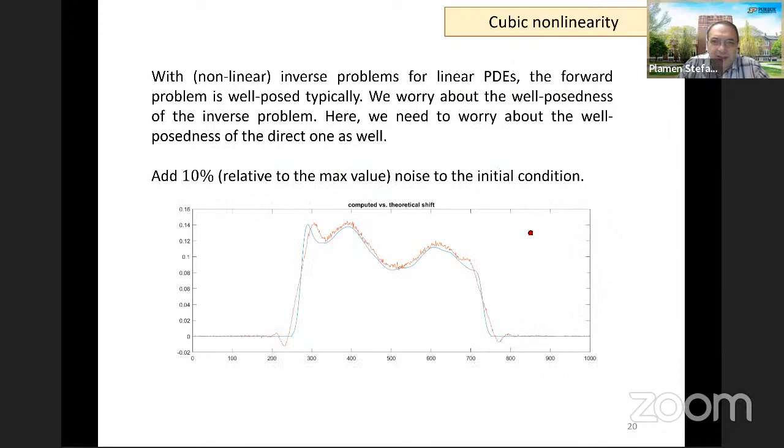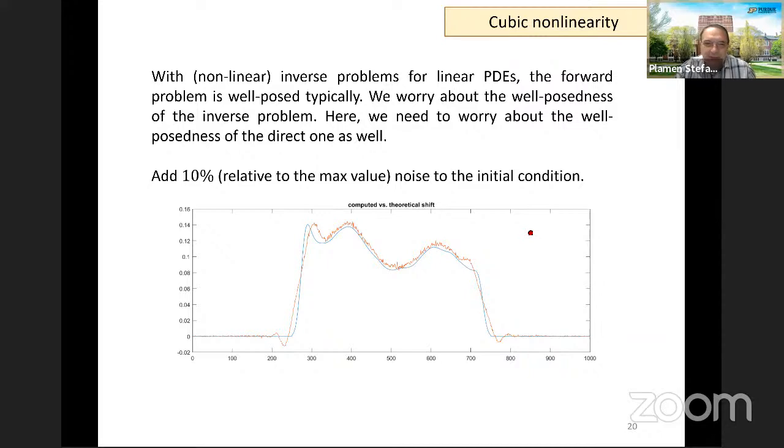Okay, so now I mentioned before that you have to worry about well-posedness even of the direct problem. For linear PDEs, we just take it for granted more or less, but here you have to be more careful. And of course, we proved theorems that the direct problem is solvable and globally solvable, with stability estimates, but of course there are some constants there that you don't really know very well.